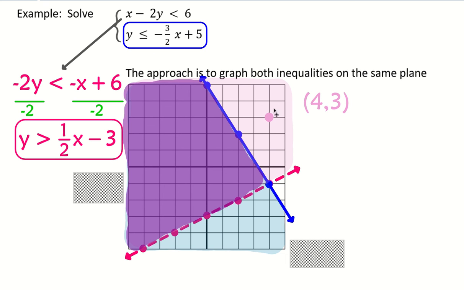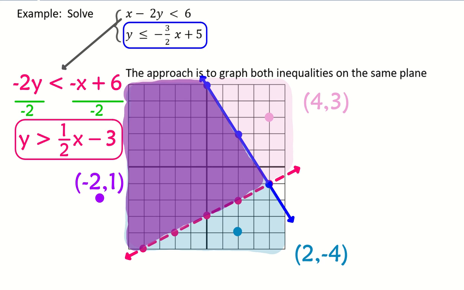And so (4, 3) would not be a solution to the whole system. Likewise, a point like (2, -4), right there, only solves this one, doesn't solve this one, so (2, -4) is an example of one that is not a solution to the system.